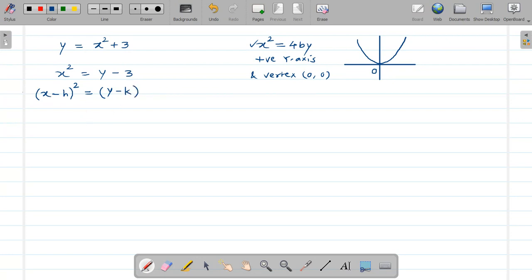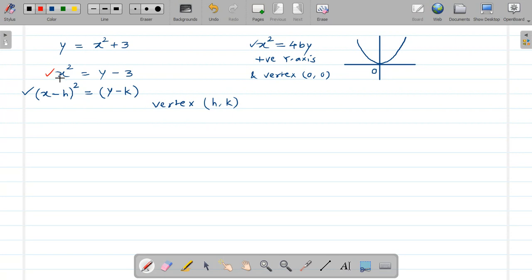This type of equation is the parabola whose axis of symmetry is the positive y-axis, but the vertex is at (h, k). So this equation is in the form x square is equal to y minus 3.